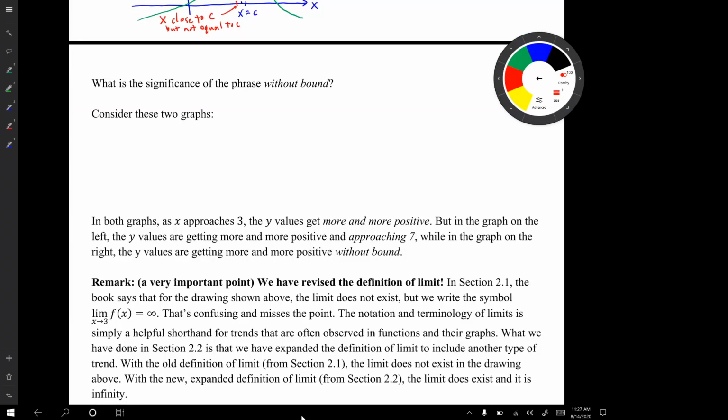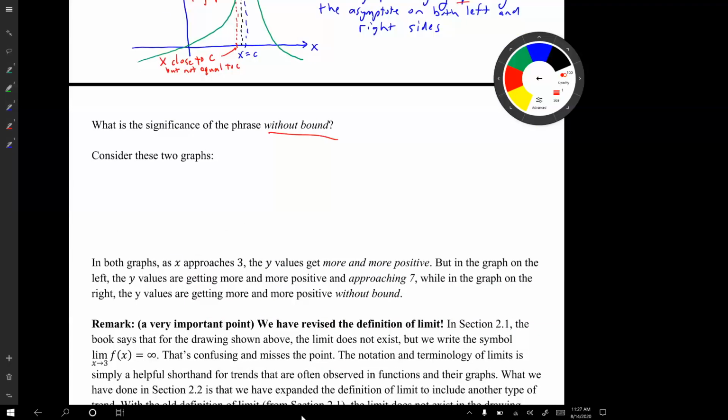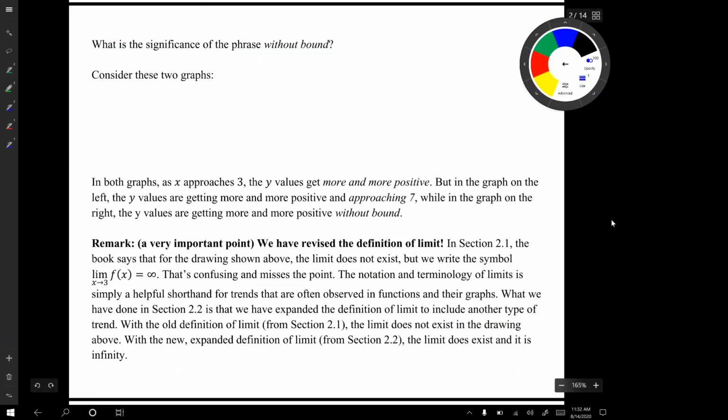What is the significance of the phrase without bound in this definition? Well, consider these two graphs.